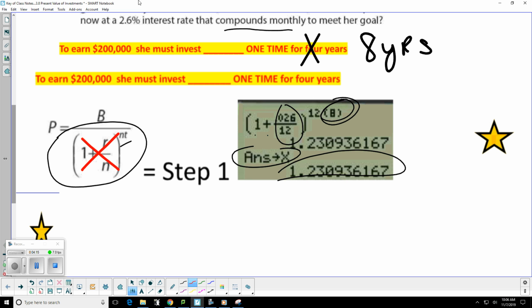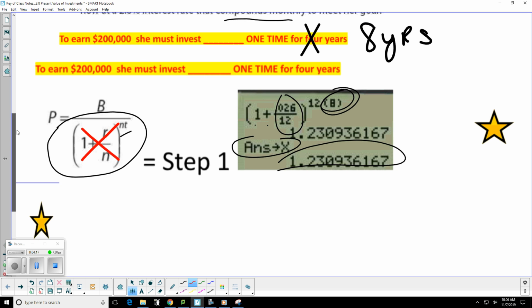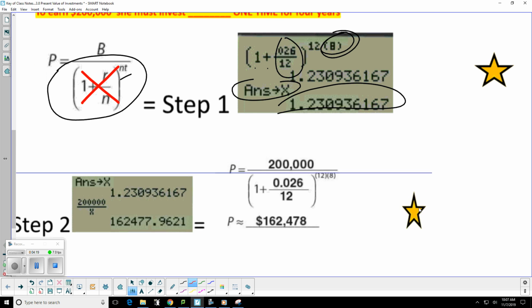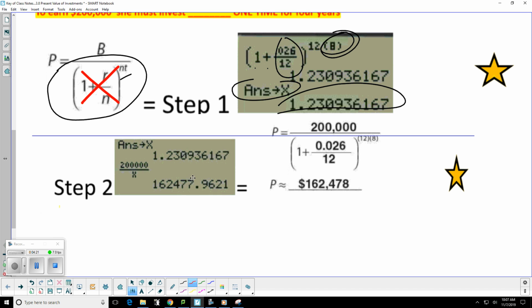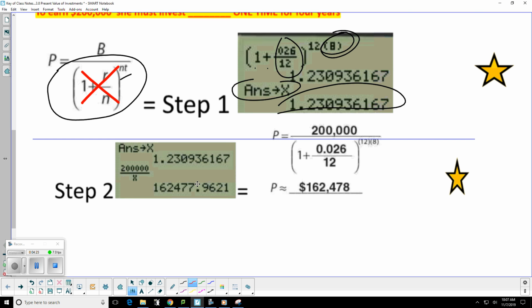All right, in step two, I took the value of X and put that in my denominator.